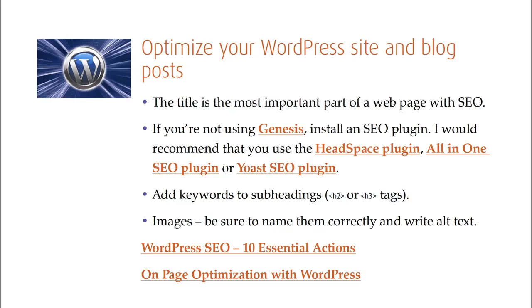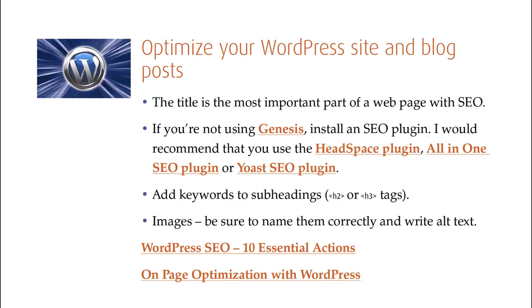On page, the title is the most important part of a web page as far as SEO is concerned. So remember to keep your keywords in your titles. Here are some links for a few SEO plugins that you could use if you don't use Genesis. The SEO controls in Genesis should be enough.